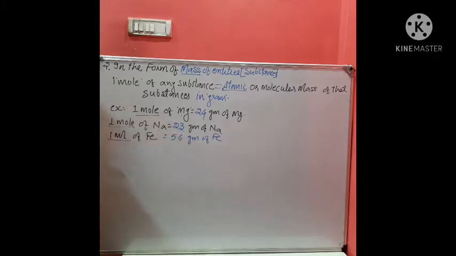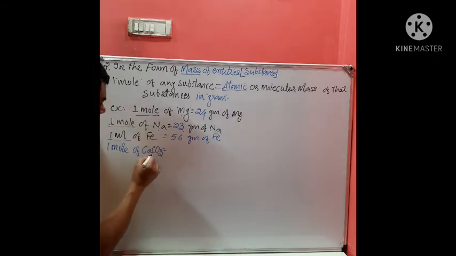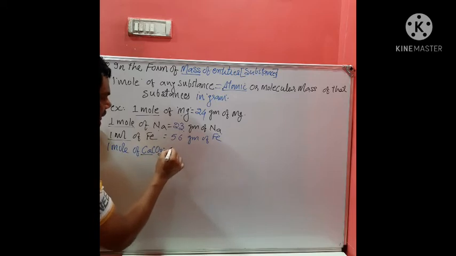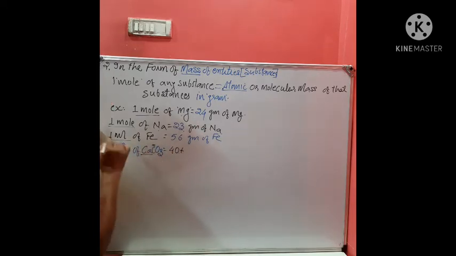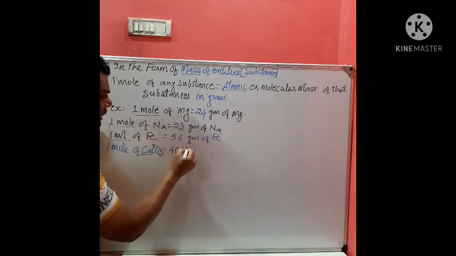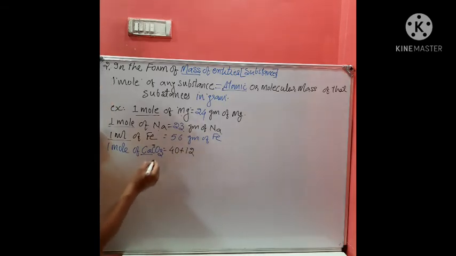Like here, 1 mole of CaCO3 is equal to what? Mass of Ca, which is 40, plus mass of 1 mole of carbon, which is 12 gram, and mass of 3 moles of oxygen.